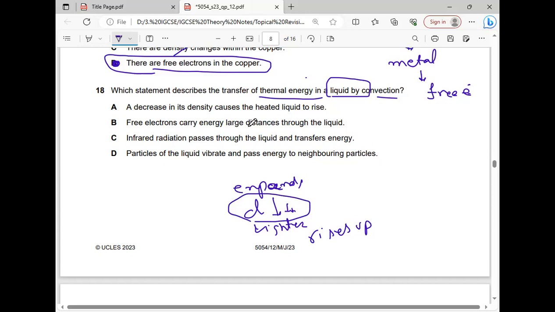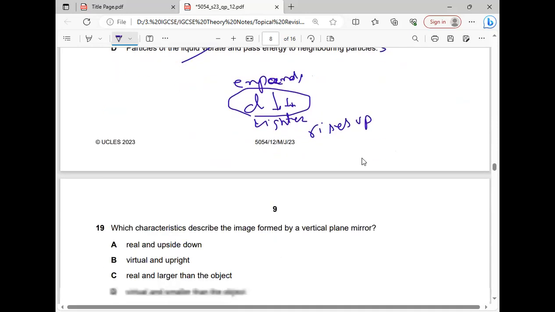Oh, this one is the very first option. Option A, a decrease in density. In liquid there are no free electrons. No, in liquid there are no infrared radiations to transfer energy. No, in liquid energy can be transferred by the convection method by density changes. Particles of liquid vibrate? Particles of liquid cannot vibrate. This method is done in solids, that is conduction. So option A is the correct answer.